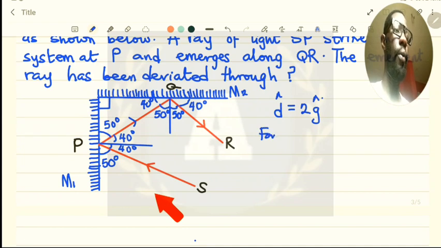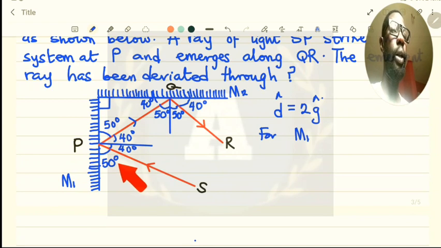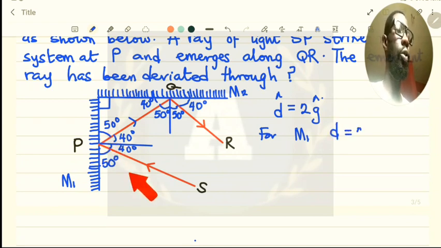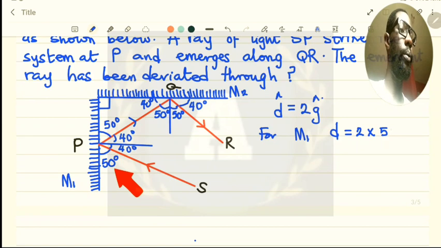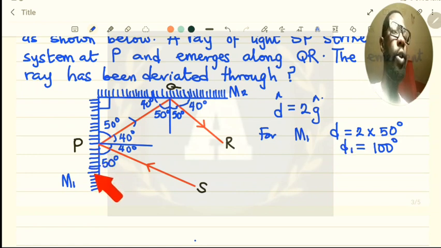Now for M1, the first mirror, you calculate the angle of deviation, D, which is equal to 2 multiplied by the glancing angle, 50 degrees, which is equal to 100 degrees. That's the angle of deviation for the first mirror.